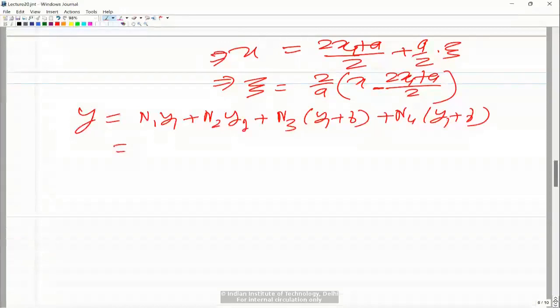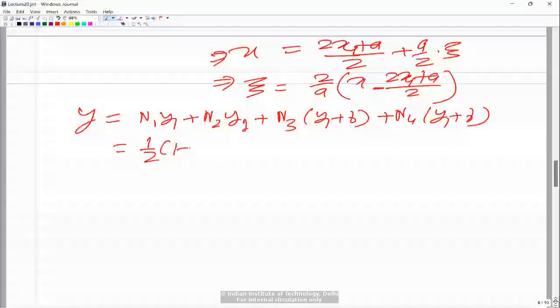Now if you do n1 plus n2, you can take 1 by 4, 1 minus eta common, and inside you will get 1 plus xi plus 1 minus xi. So xi will cancel, you will get 2, so you will get ultimately 1 upon 2, 1 minus eta into y1.